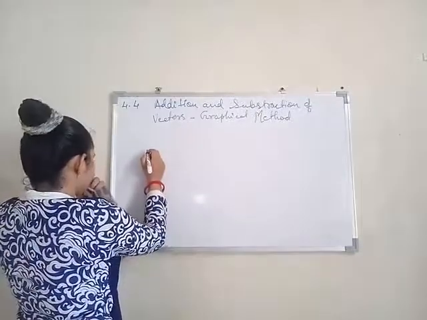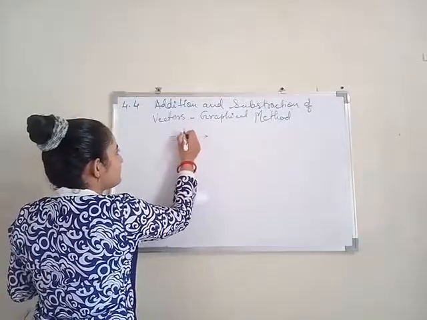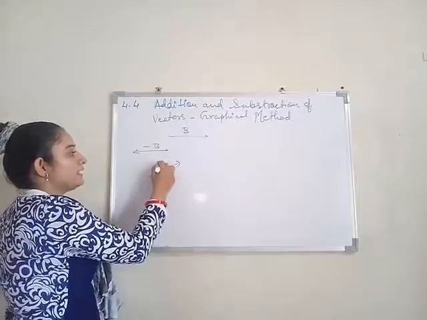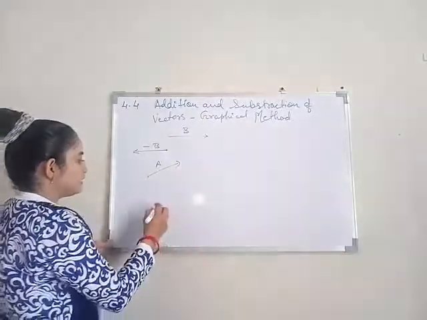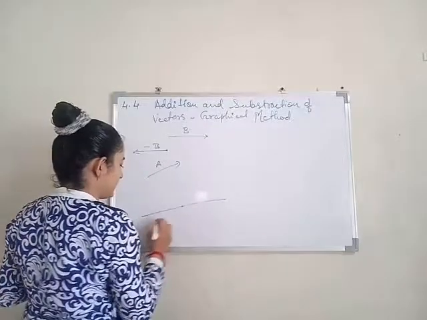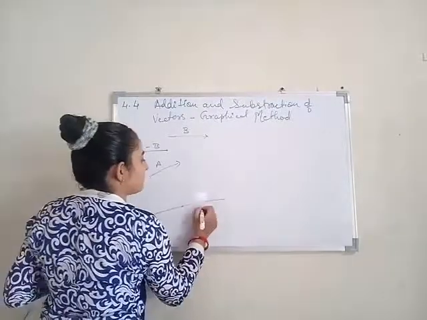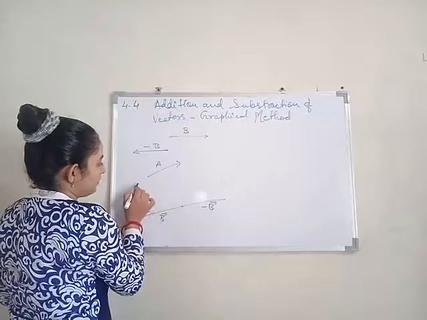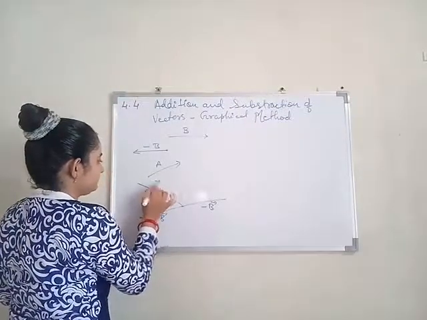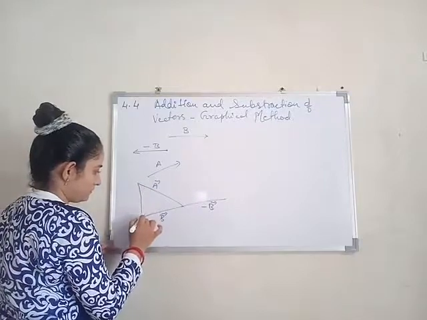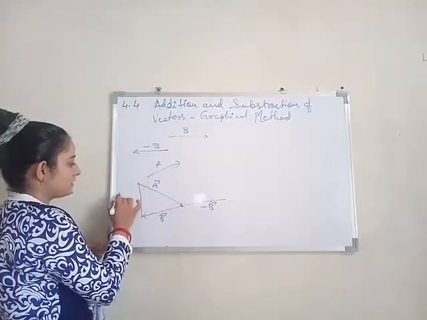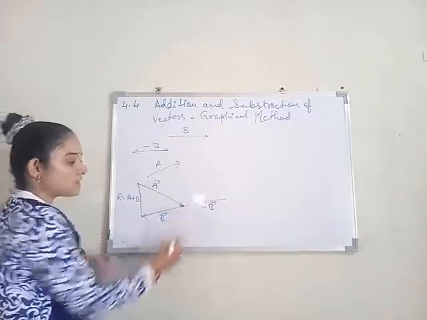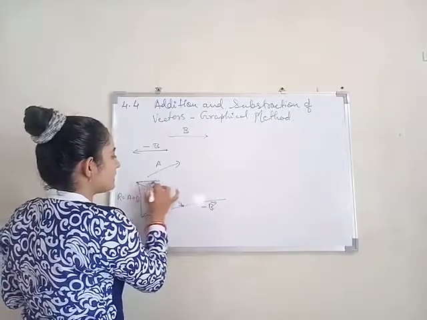Now we will have the subtraction method, also known as the parallelogram law of vectors. Here, if we take two vectors, one vector B, another in the opposite direction, minus B, and one vector A. This is vector minus B, this is vector B, and we have vector A. This resultant vector R equals A plus B. If we want the subtraction, consider this.